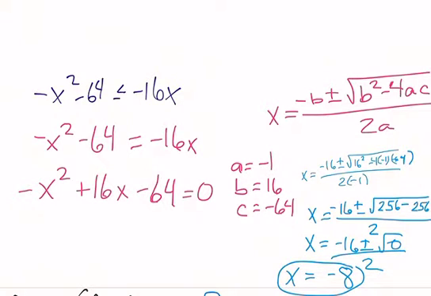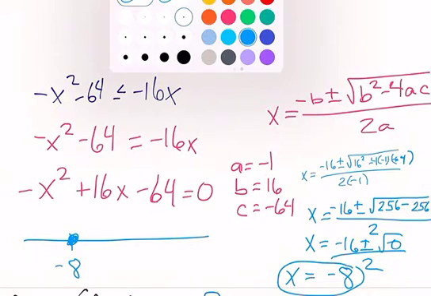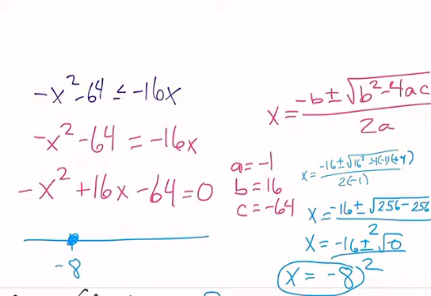Okay, so now I have to come over here and I have to say, okay, here's negative 8. Is it everything? Nothing? What is it? Now, since it said equals to, I'm going to go ahead and make that a solid circle right there. But we have to test values on either side. So what number is less than negative 8? I'm going to choose negative 10. So go back up here. The opposite of negative 10 squared minus 64.